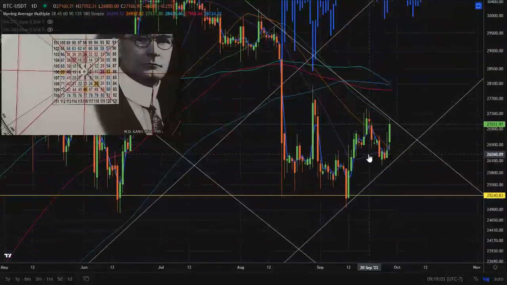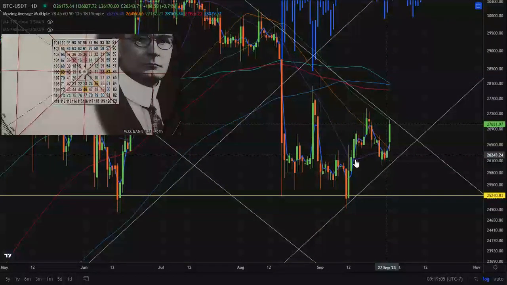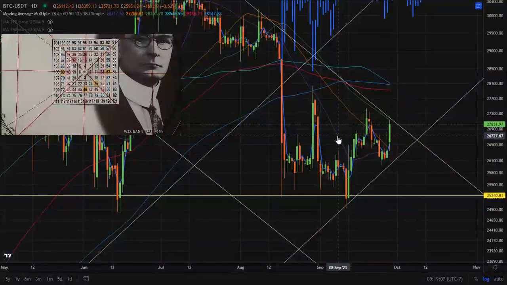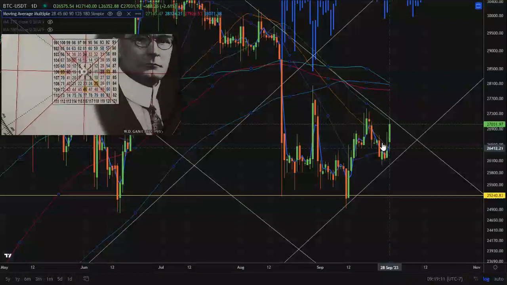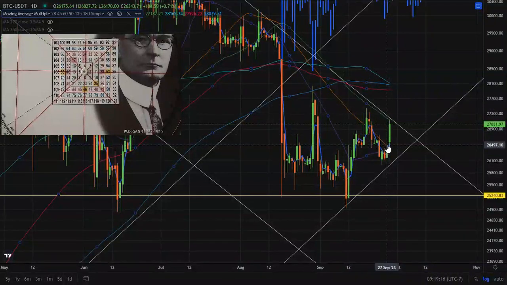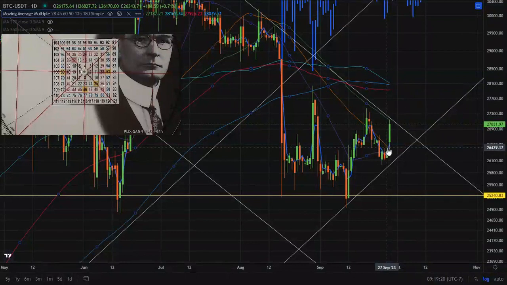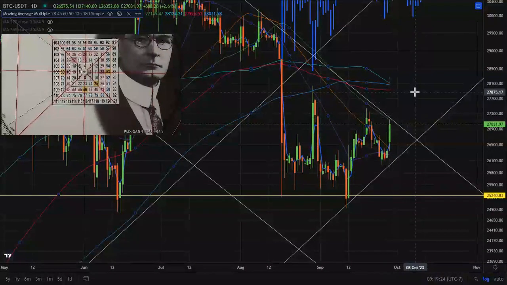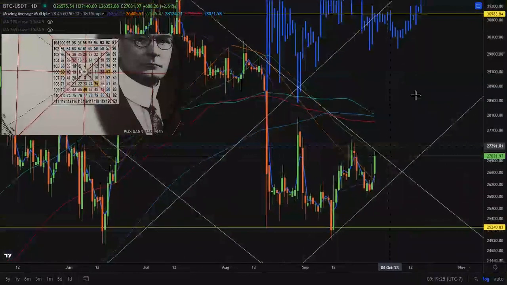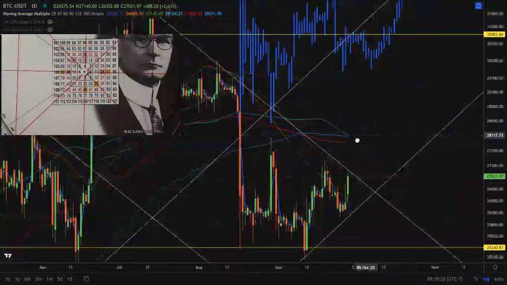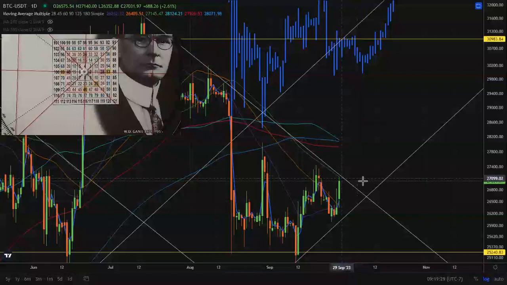So we're watching this purple line here. This purple line here is just getting ready right now. It's just getting ready, that's right, to cross over our orange 45 moving average. If this is to occur, then we are going to break out of this and we will be moving up, sitting down.